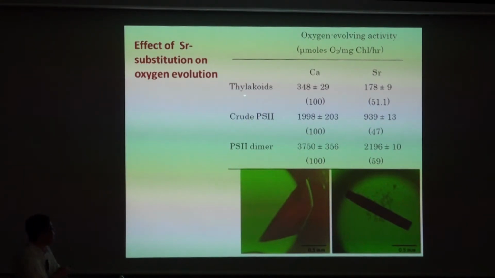We see the activity in different preparations, in calcium and strontium replaced ones. The strontium replaced PS2 has almost half the activity of the calcium PS2. And we analyzed the structure of strontium replaced PS2 to see what structure changes have occurred.